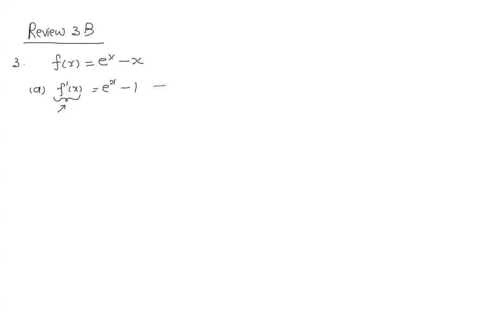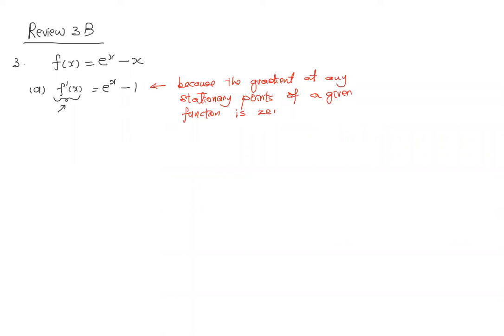Why do you find this? Because the gradient at any stationary point of a given function is 0, you know, K-N-O-W.